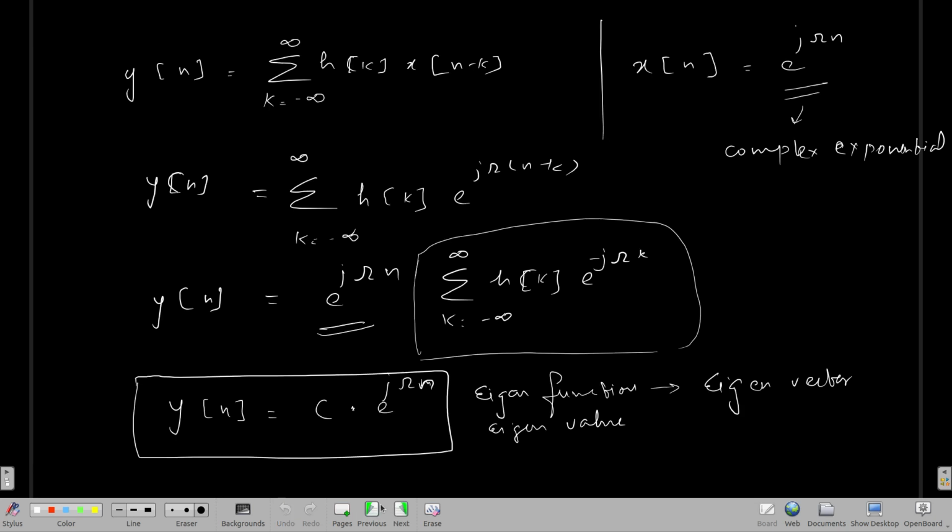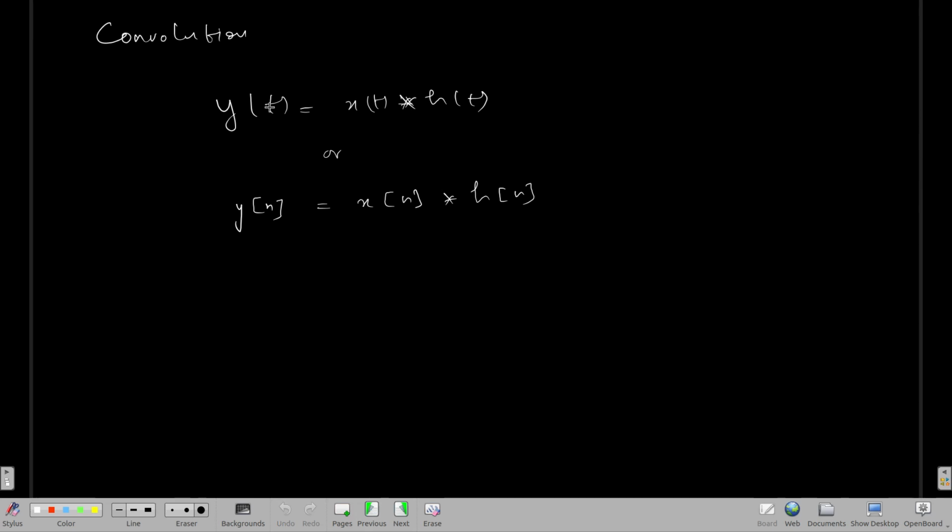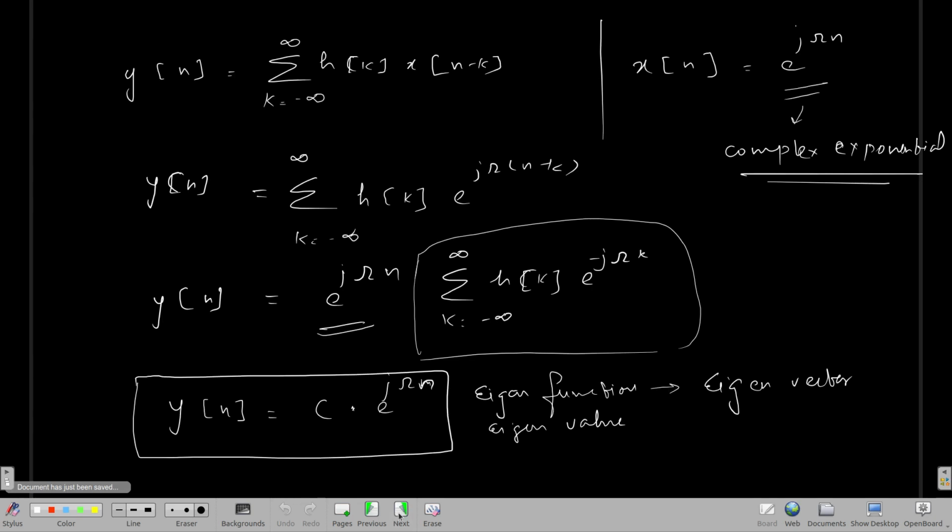So what did we establish here? We established that e to the power j omega n, that is the complex exponential, is an eigenfunction for what type of system? The type of system which can use the convolution property.